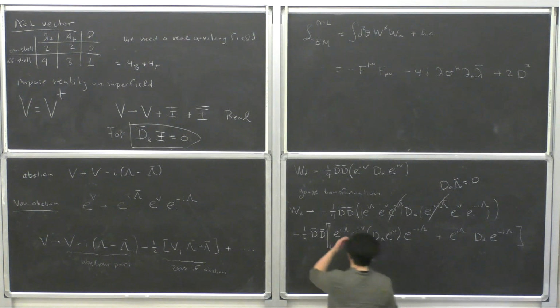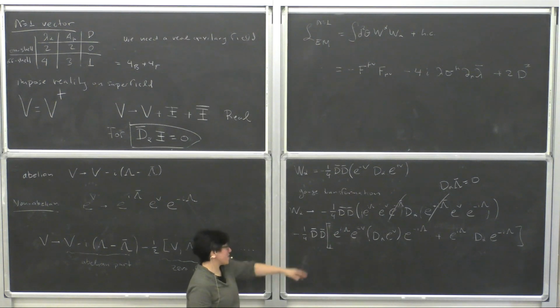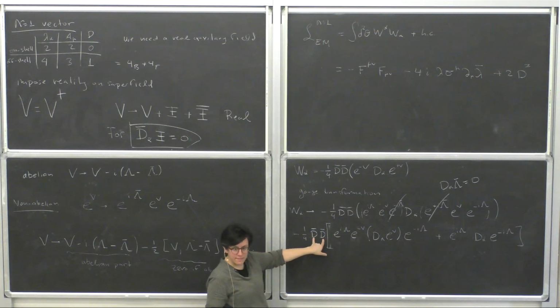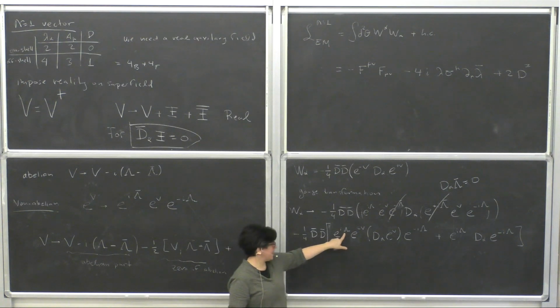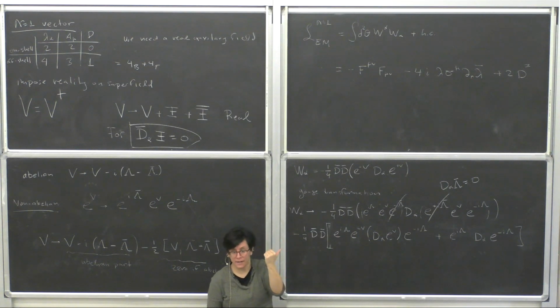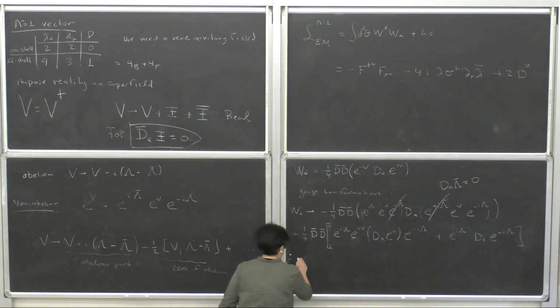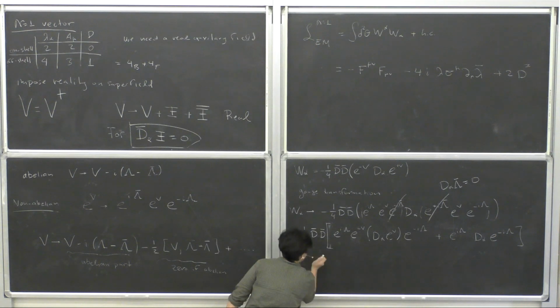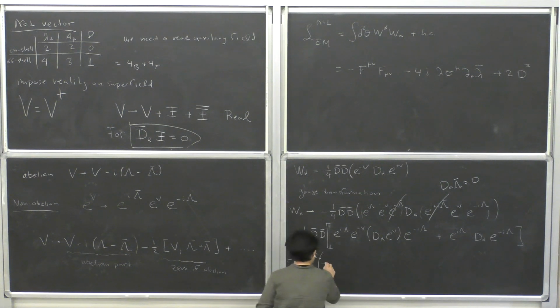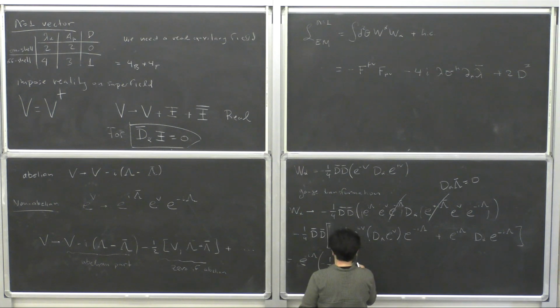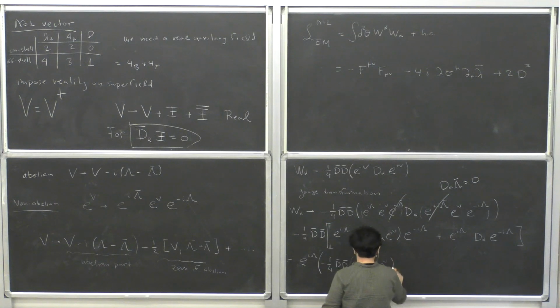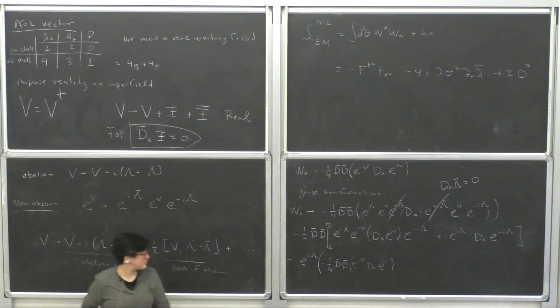But now look. Okay, maybe I write one more step. These guys are D bars, lambda is chiral, couldn't care less. Sometimes you shouldn't try to be too fast. This is the first term.